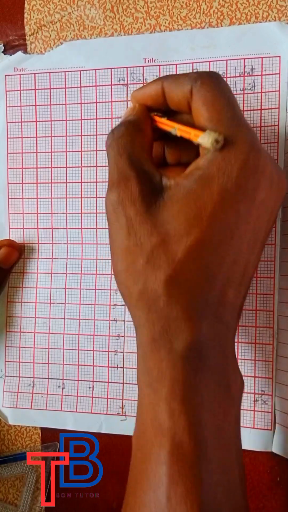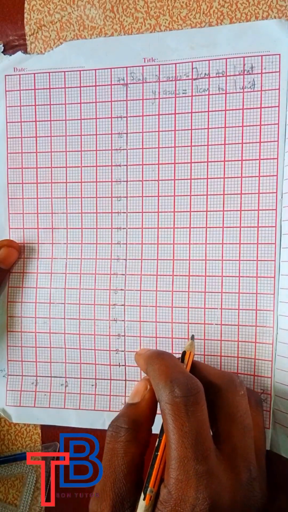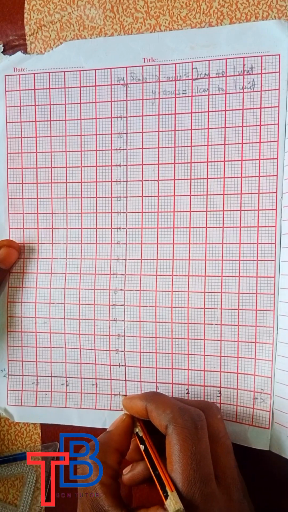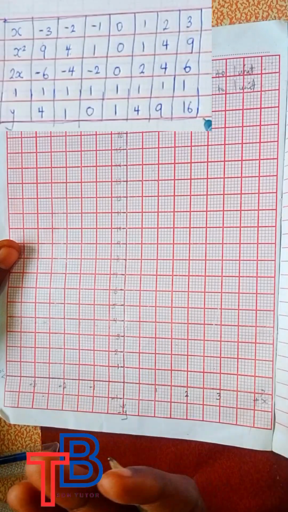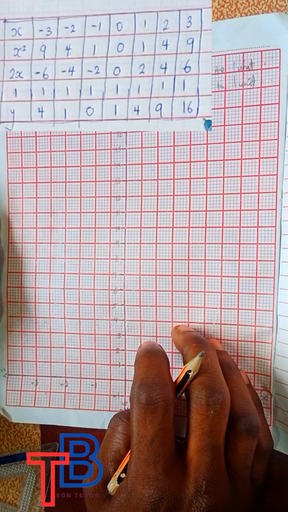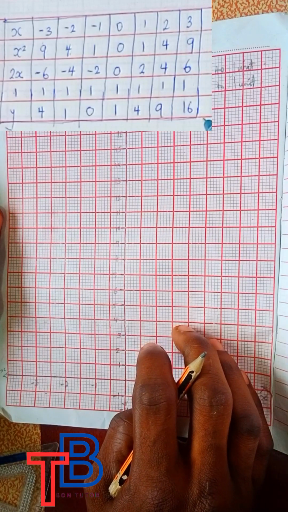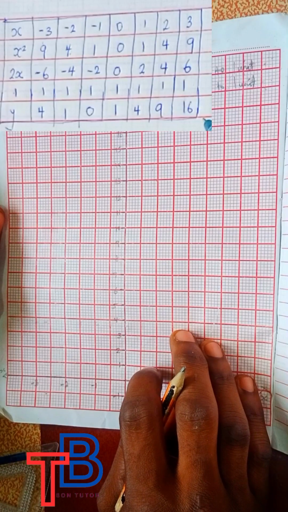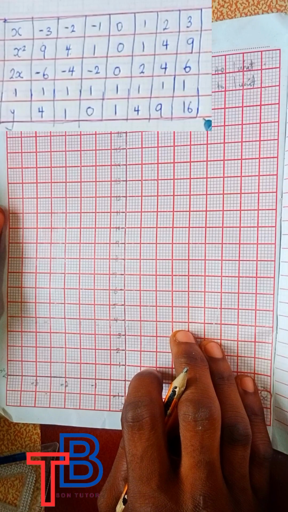Let me give it 17. I'm using it up to 16. And your negative is here. Negative y is here. But I don't need any negative y because my table of value does not have any negative y.